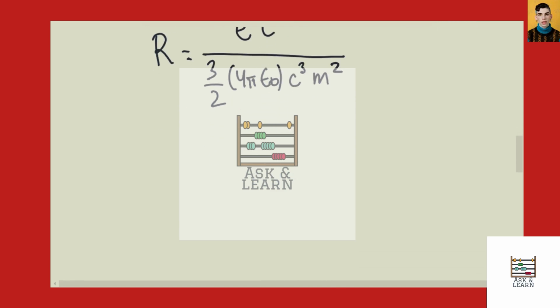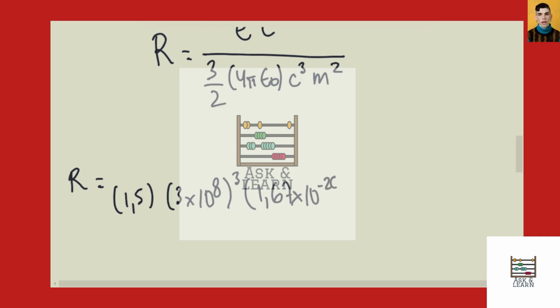Now, with this, we can substitute all of the numerical values. In the denominator, we have 1.5 for the 3 divided by 2, and the speed of light to the 3, where the speed of light is 3 times 10 to the 8, and this times the mass, which is 1.67 times 10 to the minus 26, squared.